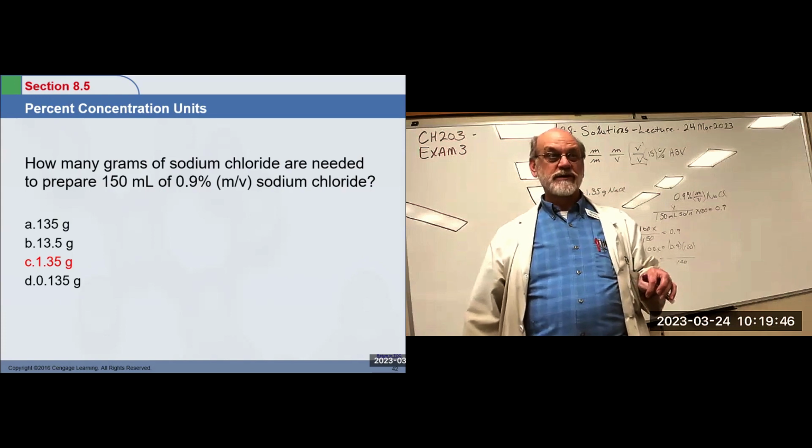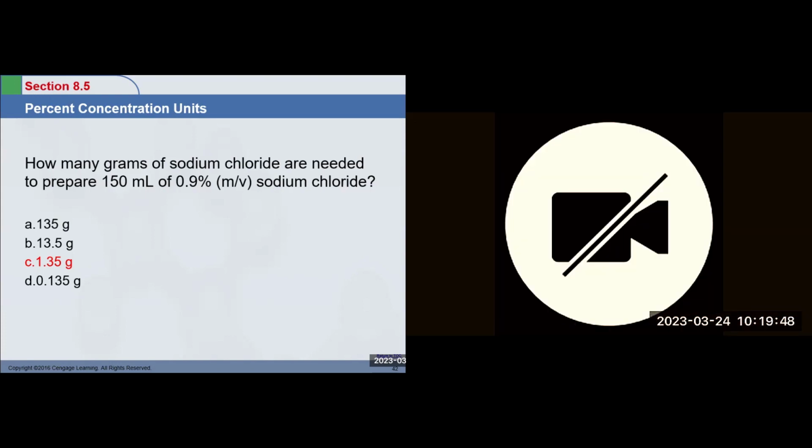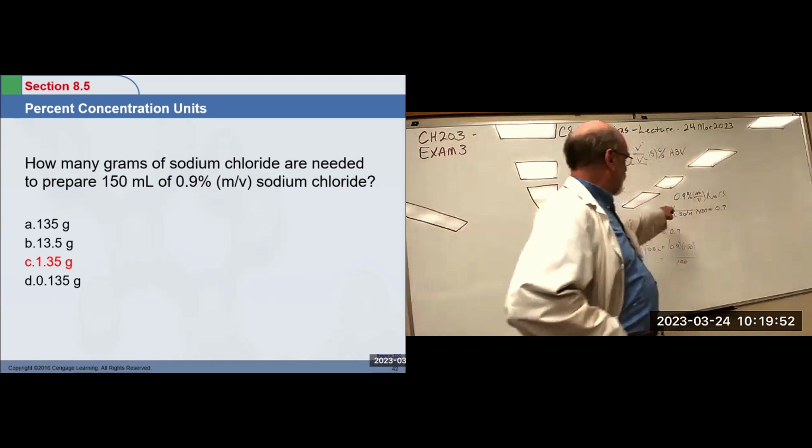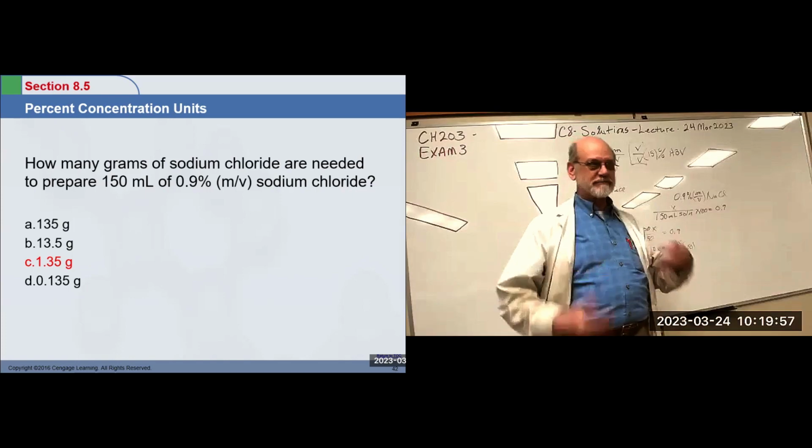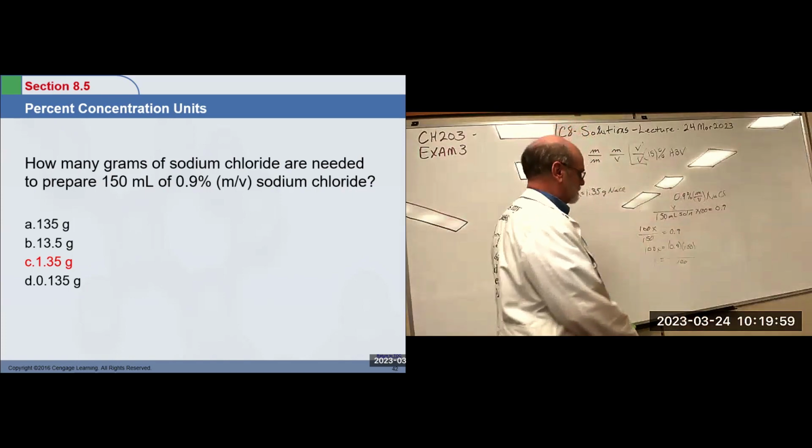Okay. 0.9% is isotonic with body fluids. That's why they picked that example.